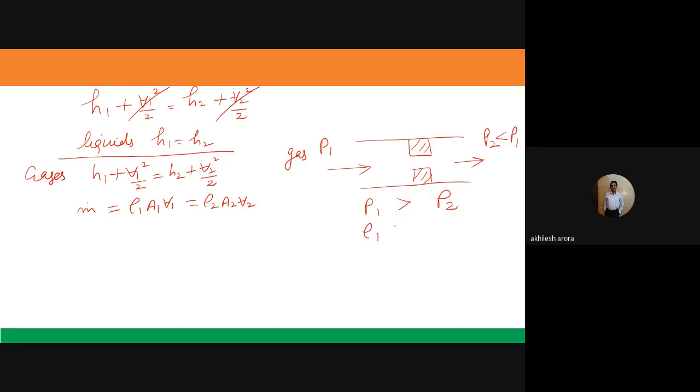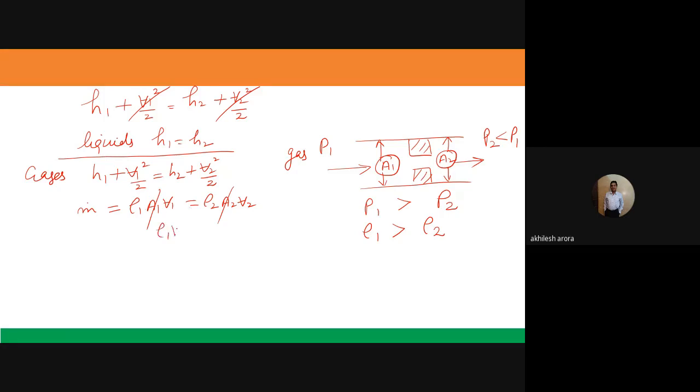The area of cross section of the pipe here is A1 and here is A2, and both these areas are the same. So I can cancel out this area from this equation, but I cannot cancel rho 1 with rho 2. So I am left with rho 1 V1 is equal to rho 2 V2.